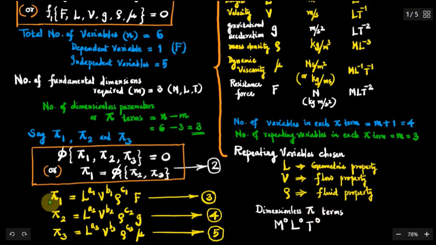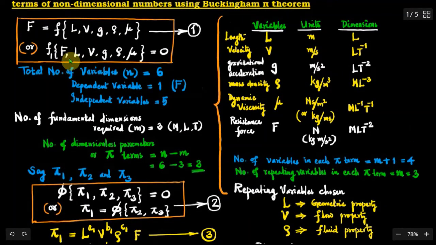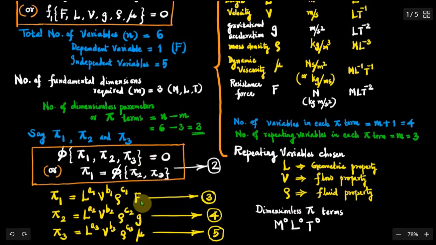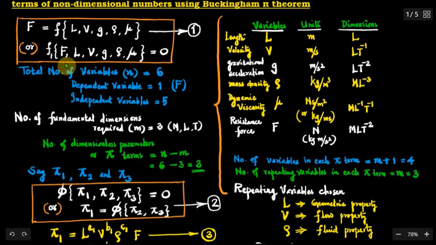So here, out of the given variables F, L, V, g, rho and mu, let us now choose the repeating variables. Obviously the geometric property that is available in the context is only length, so definitely the length will be chosen.